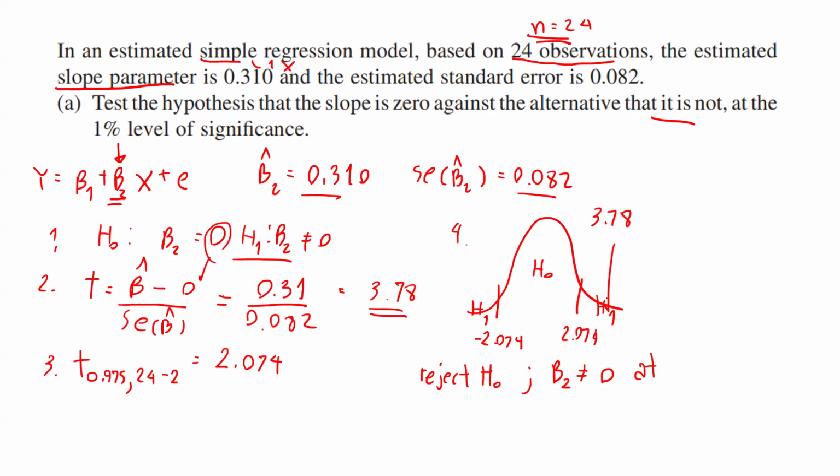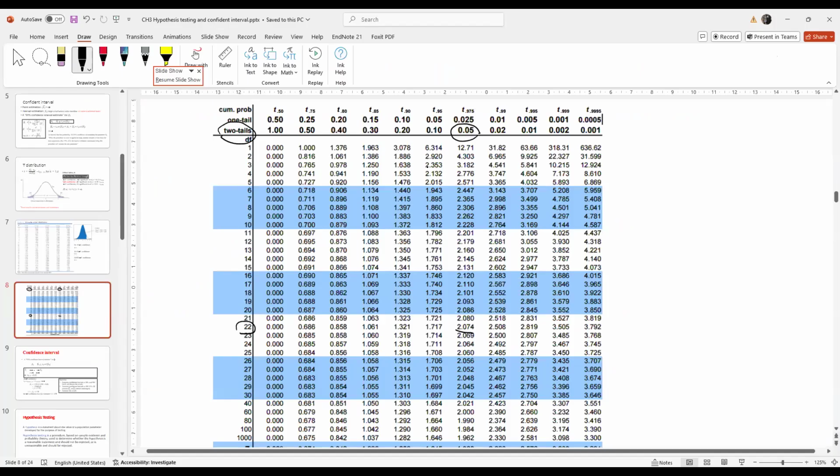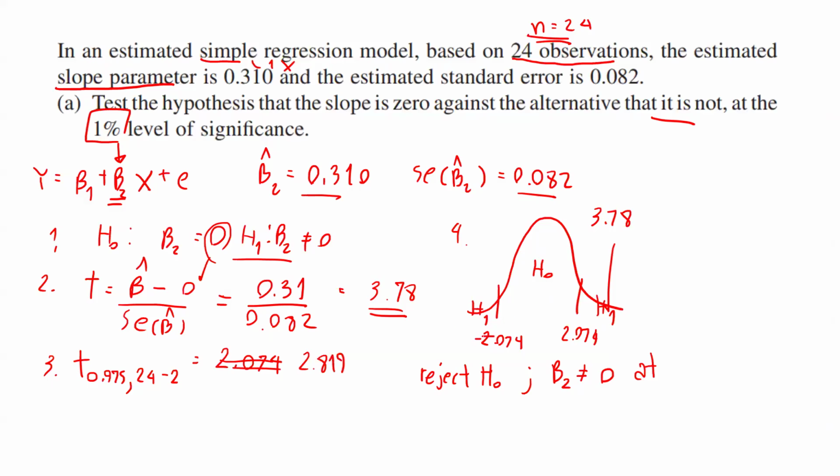Oh, sorry, I did it wrong. It's 1%, not 5%. Let's do it again, but the answer will be the same. So instead of 0.05, it is 0.01 two tail, so you get 2.819 instead.